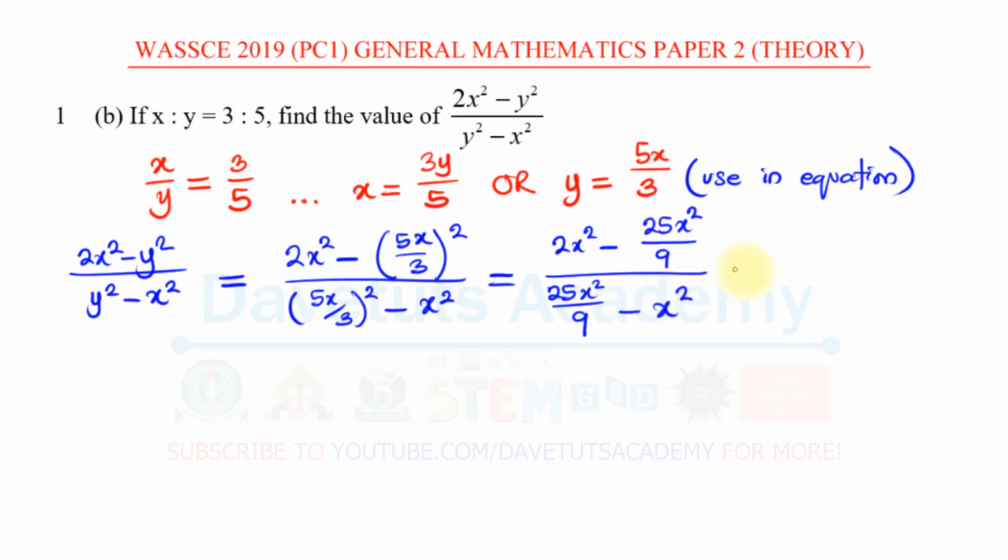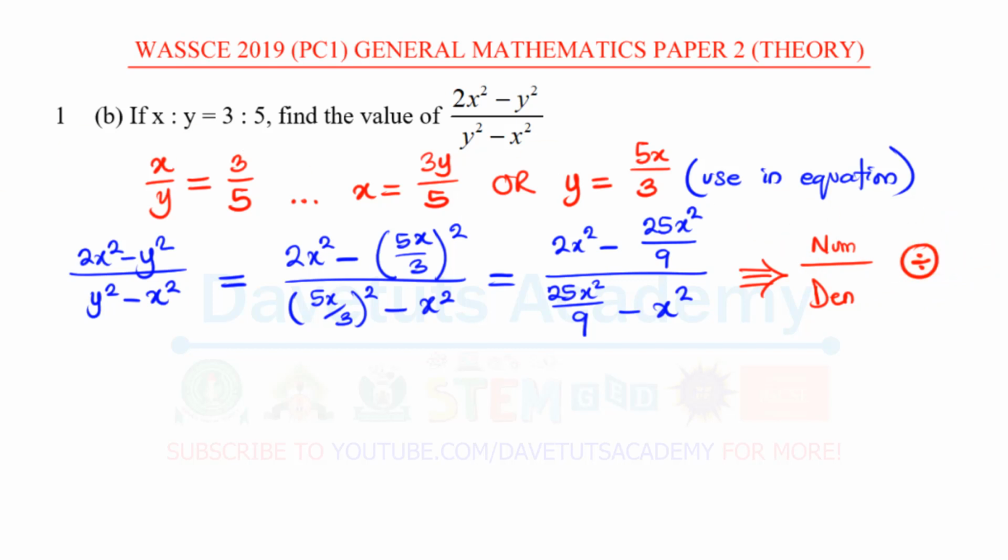If you look at this, we can take this as a numerator over a denominator. And this division line, you can actually take it as divided.